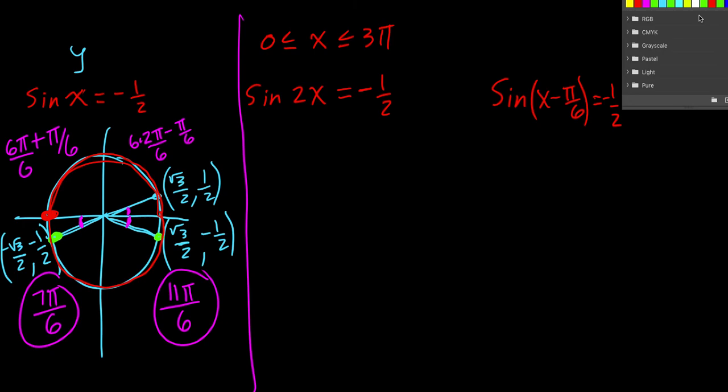Okay. Now, we have sine of 2x, and so it's a little tricky because we need to start by modifying this. And so if we want this to be a 2x, we're going to multiply everything by 2, and that will give us the range that we're looking at. So we're going to change it to 2x and 6 pi.